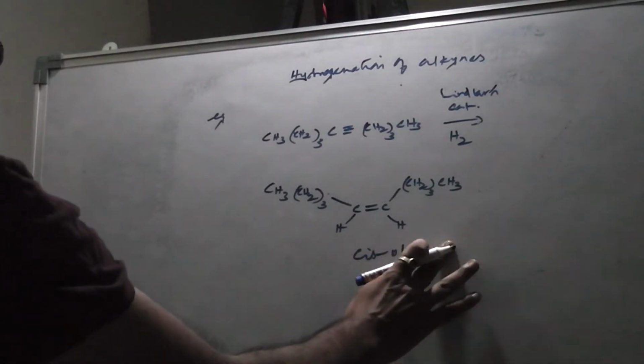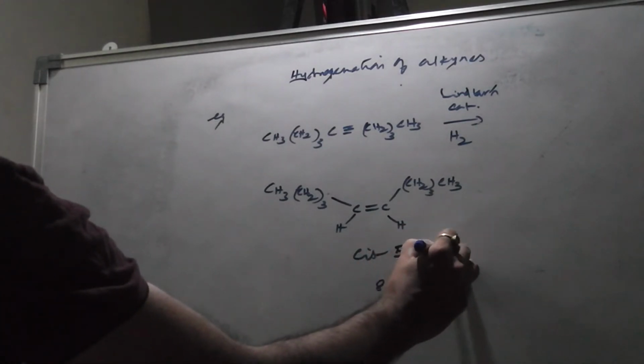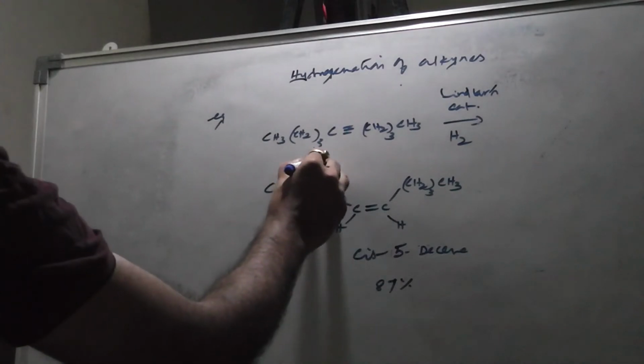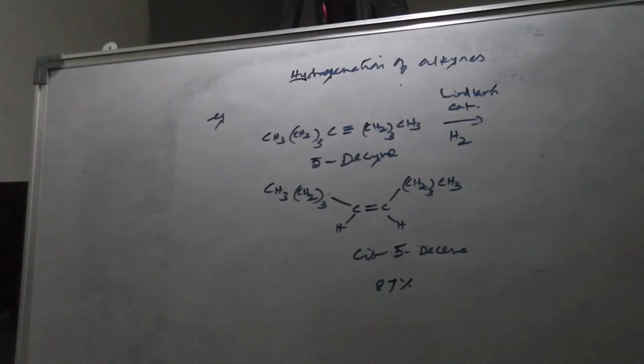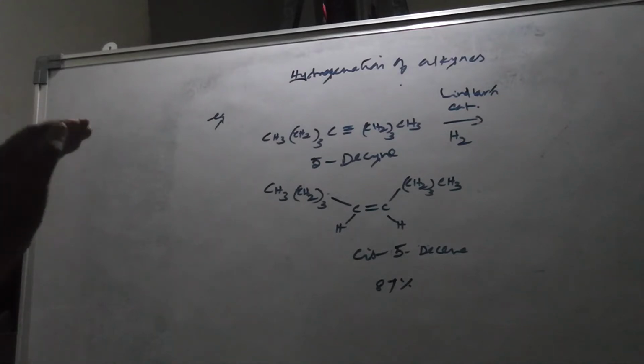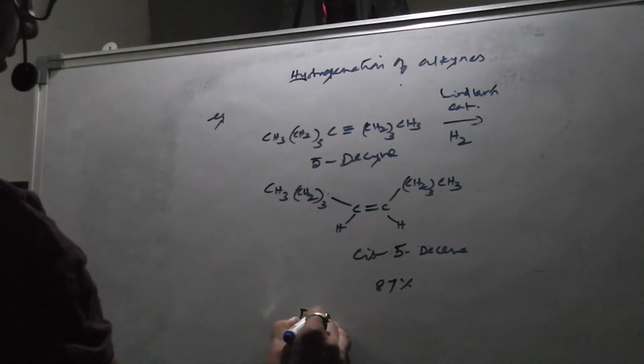Cis 5-dodecene, you can say, cis 5-dodecene. So it is a stereoselective reduction.